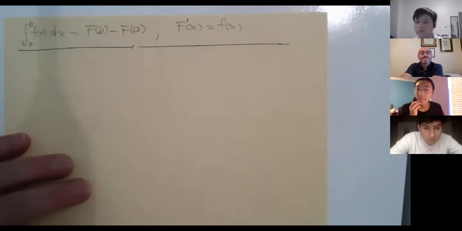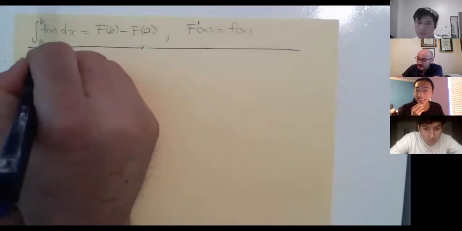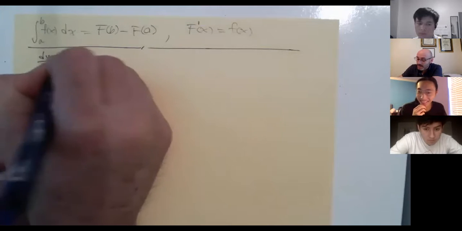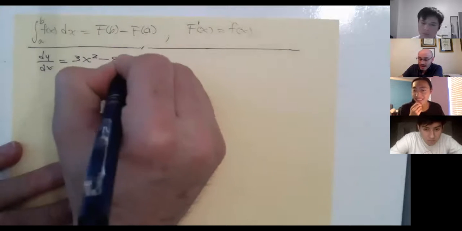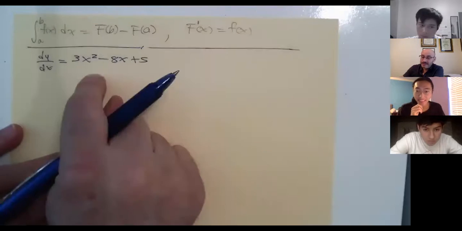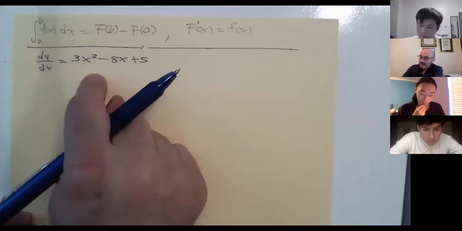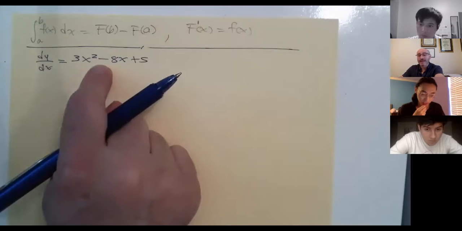So we're going to start with the first problem, which is dy dx is equal to 3x squared minus 8x plus 5. It says that is the gradient, which means this represents the slope at any point.